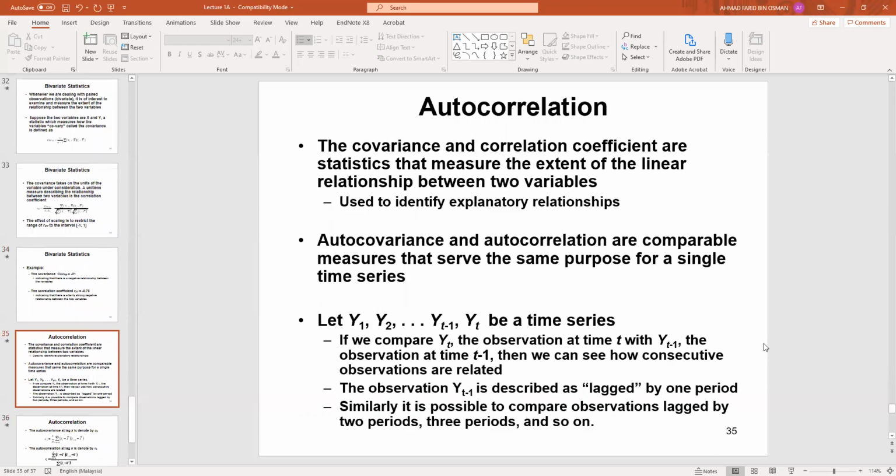Okay, now autocorrelation. The covariance and correlation coefficient are statistics that measure the extent of the linear relationship between two variables. Autocovariance and autocorrelation are comparable measures that serve the same purpose for a single time series.